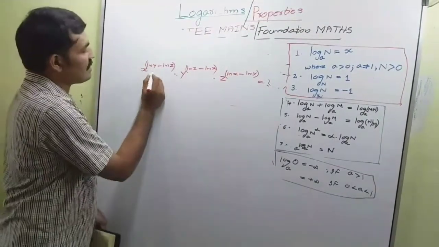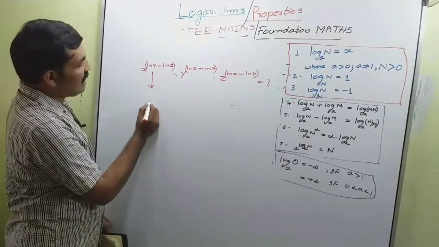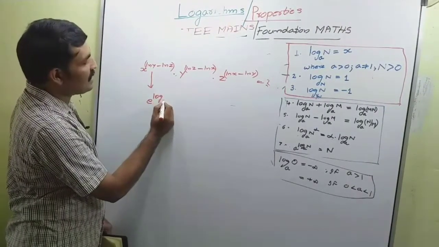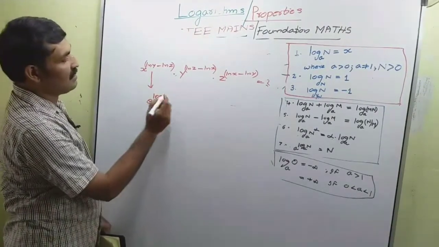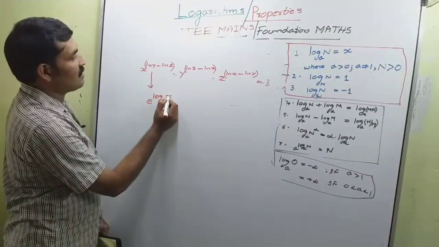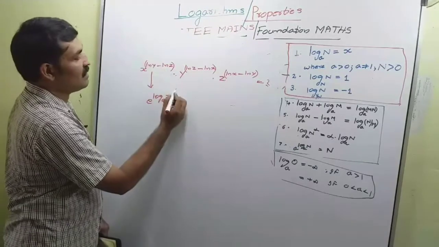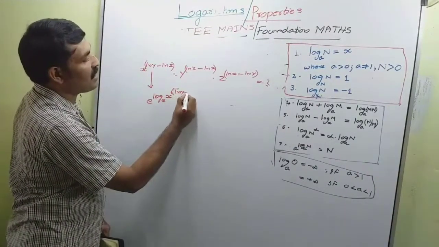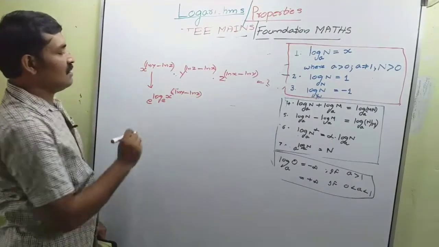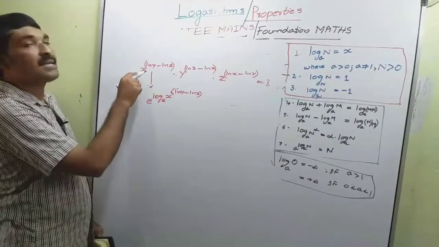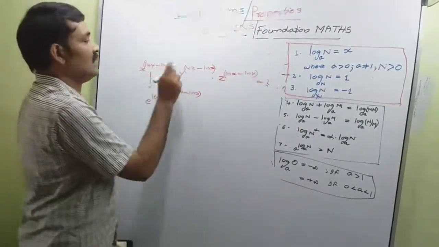We can write this term as e raised to log base e. This base e and e get cancelled, so there is no effect, into x raised to this term, that is x raised to ln y minus ln z. E and e get cancelled, so this whole factor is equal to x raised to ln y minus ln z.